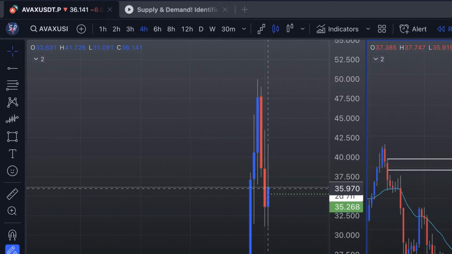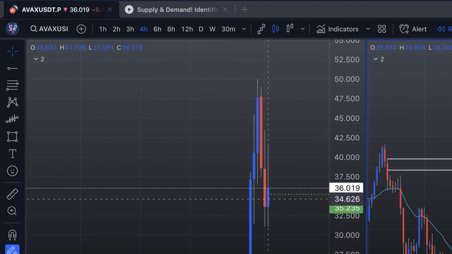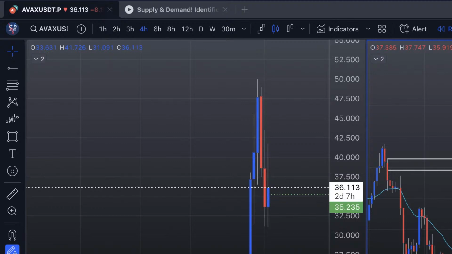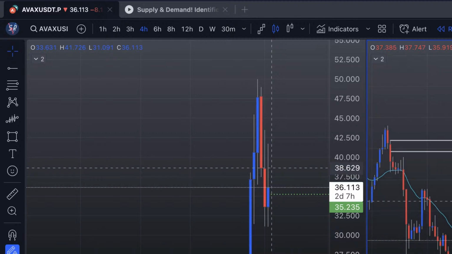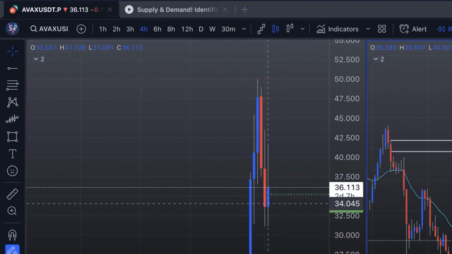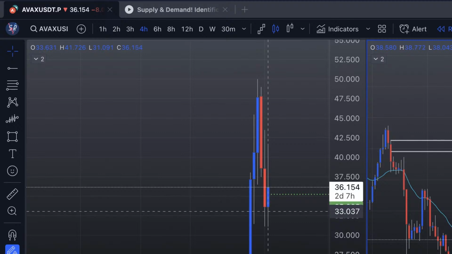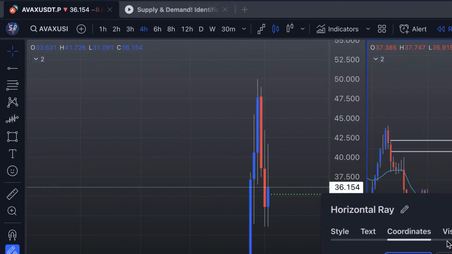So I got long at 36 even, and I got long at 34.47. So my net position right in between those is right there at 35,235. So I will move my stop now up to, call it like 34.2, just below this right here, and then this will be my risk. I'm going to move my stop up to 34.2.